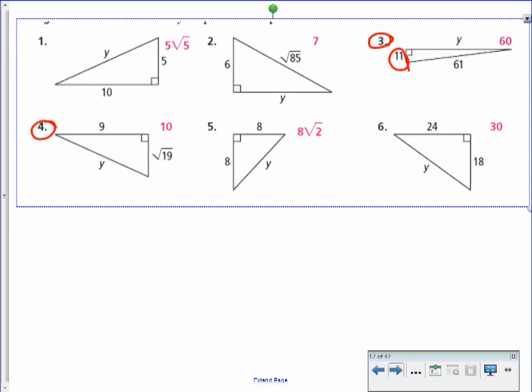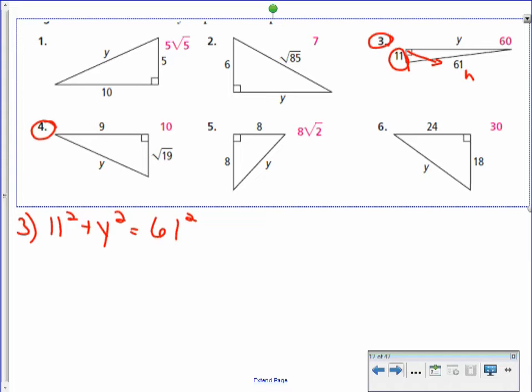Our hypotenuse, of course, is across the right angle, so that would be our 61 in this case. So we have our hypotenuse, and then we have another leg in our y. So that means I would have leg squared plus my missing leg squared equal to 61 squared, because that's my hypotenuse.